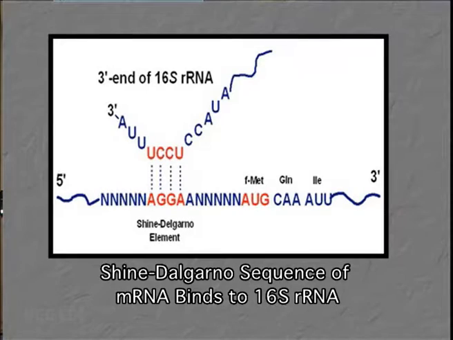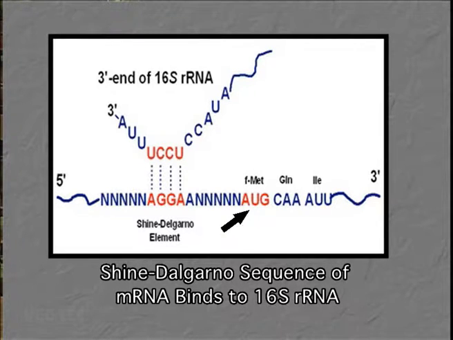For that we have certain specific interactions between the 16S rRNA, which is part of the 30S ribosomal subunit, and the mRNA having a specific sequence called the Shine-Dalgarno sequence. This Shine-Dalgarno sequence is mostly purine rich, and it interacts with the 16S rRNA, and this interaction facilitates the scanning of the ribosome to get hold of the first start codon.